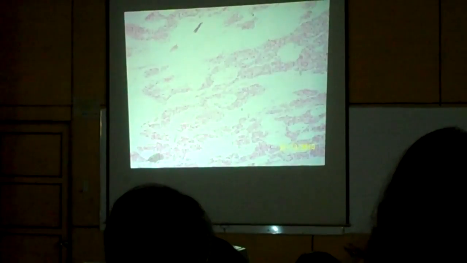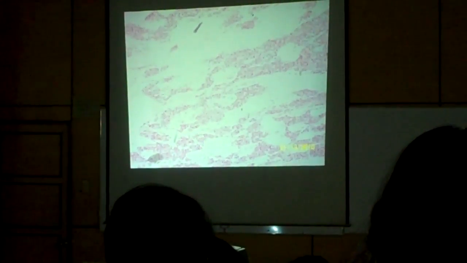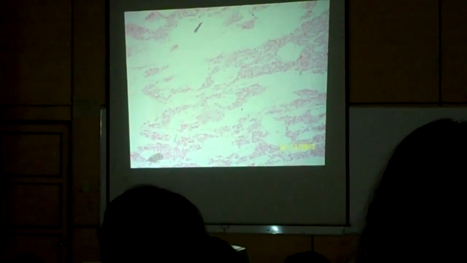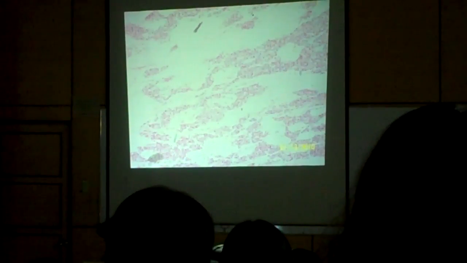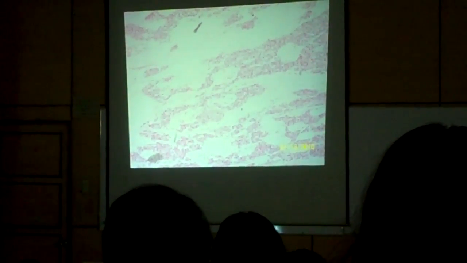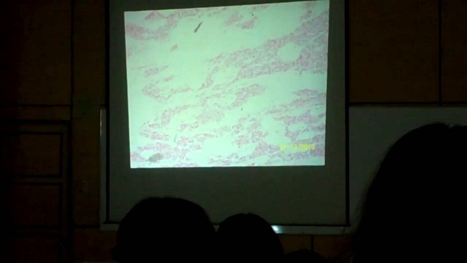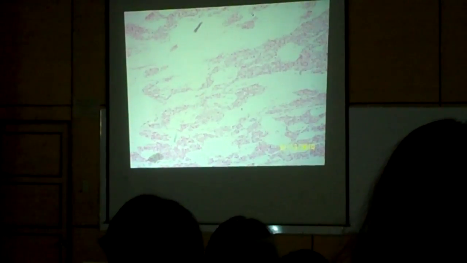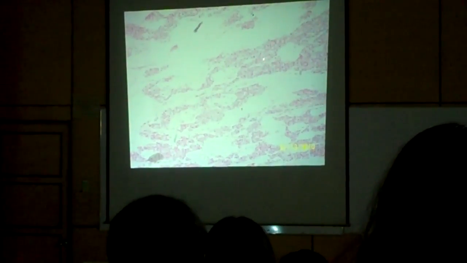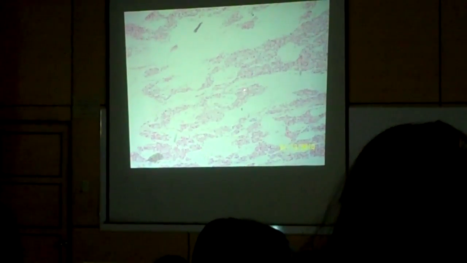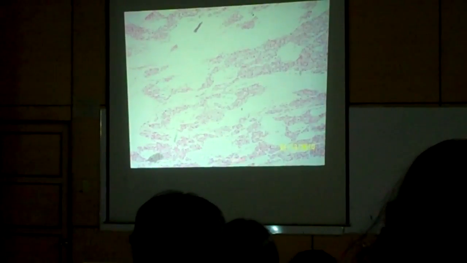So what are the two cells that you see in the parathyroid? Chief cells and oxyphil. Which is more abundant, which predominates? The chief cells. So most of these are chief cells. You have monotonous cuboidal to round cells all around.